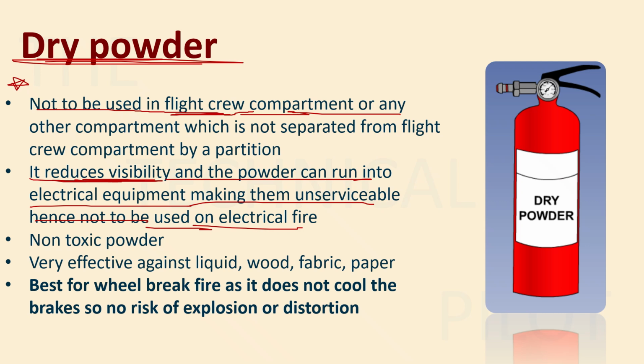So it should not be used in flight crew compartments or any other compartment which is not separated from the flight crew. Makes very obvious sense. If you don't have a door in the cockpit and there are two compartments, you cannot use the fire extinguisher here because if there is no door, the extinguisher powder will rush into the cockpit and it will have the same effects, right? So it's very obvious.